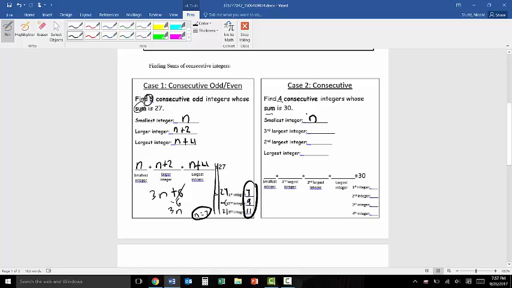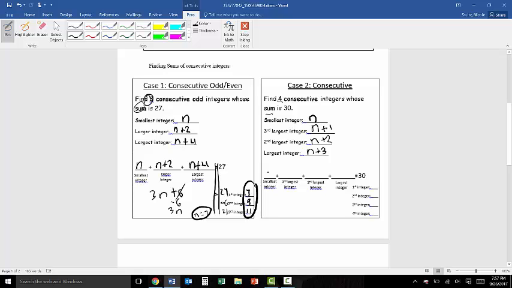Then your next integer will be 1 more than that. And then your next integer will be 1 more than that, so it will become n plus 2. And finally, your last one will be 1 more than that. So if you don't have the word odd or even, you simply count by ones. And if you do have odd or even, you actually count by twos when you're making your list of integers.